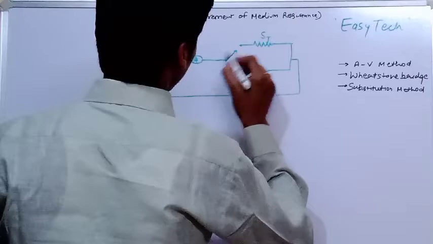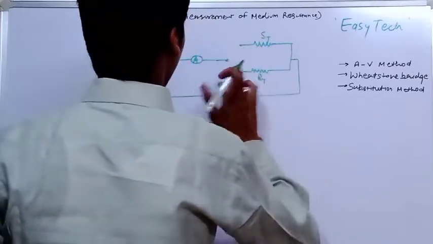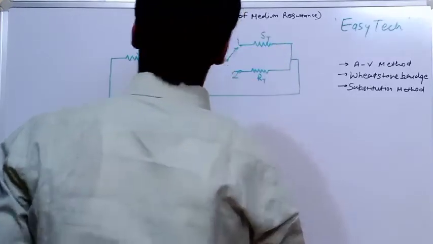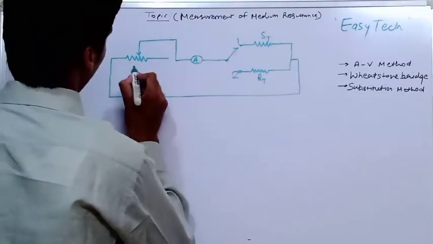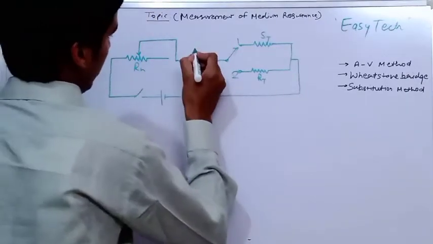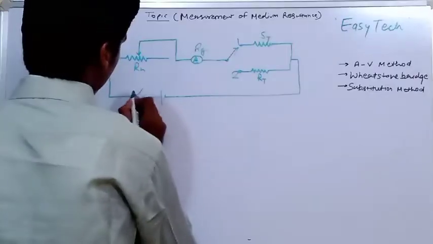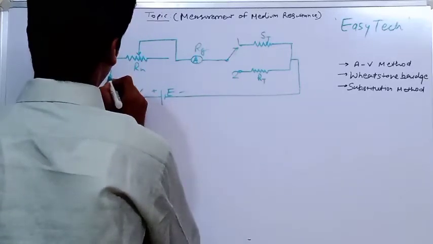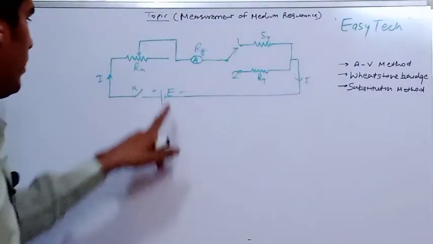This was the circuit diagram for substitution method, and this is the common switch. You should understand the position 1 and the position 2. This is the galvanometer, ammeter. This is the rheostat RH, and this ammeter has an internal resistance equivalent to Rg ohm. This is the switch K, and this is the battery, plus to minus. Current I will flow from here, and the same current will again come to the point A.